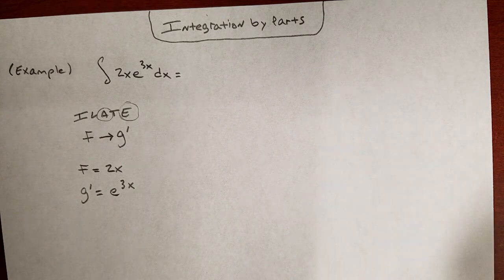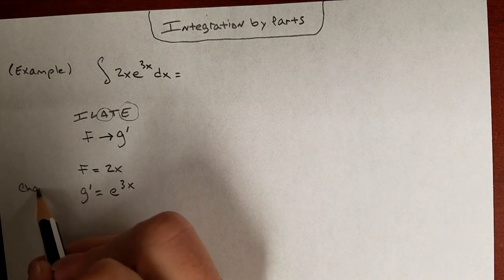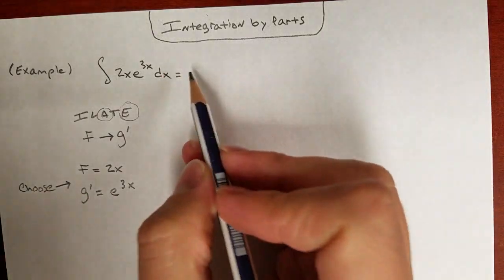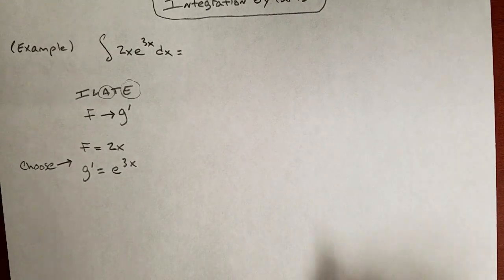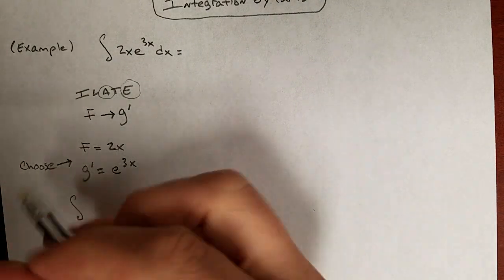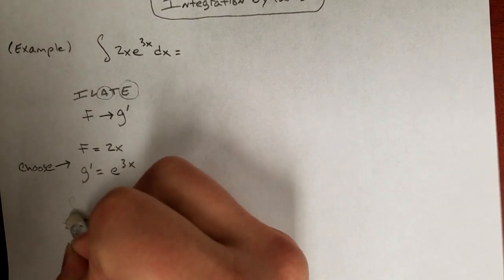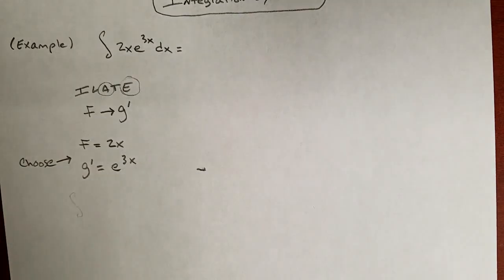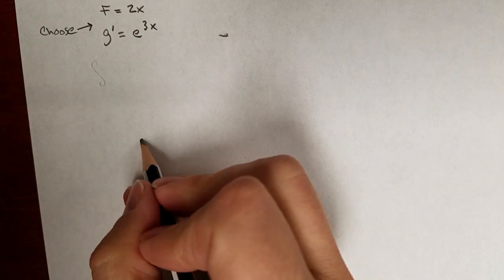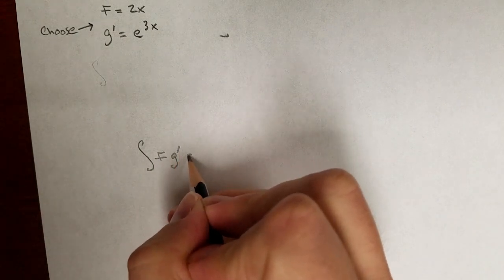Now, with this being something that I choose, the formula for integration by parts looks like this. Let's write it like this. We see our problem this way: the original integral is f times g prime.